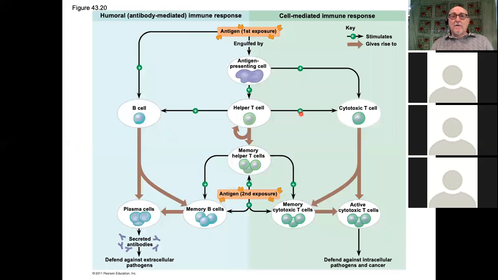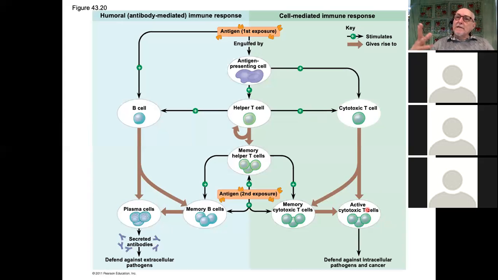Okay, this diagram provides you with a summary, and in your text, this pertains to the development of memory. This is much the same story as in the diagram that I gave you earlier. All that I want you to take home, to emphasize here, is this portion of the response, which is the generation of memory cells from the adaptive response.